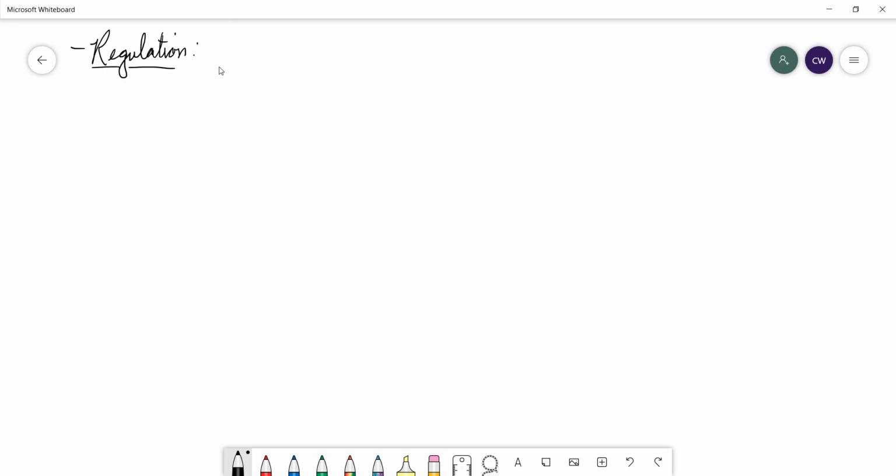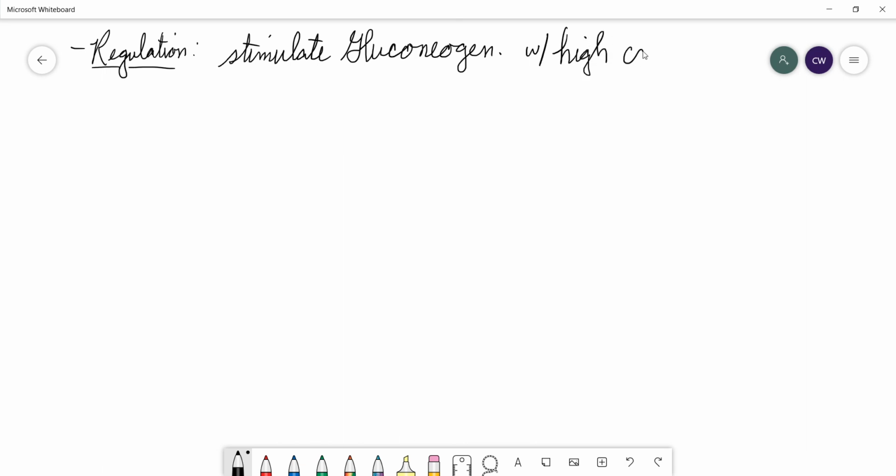So we stimulate gluconeogenesis with high concentrations of things like lactate or glycerol or amino acids.